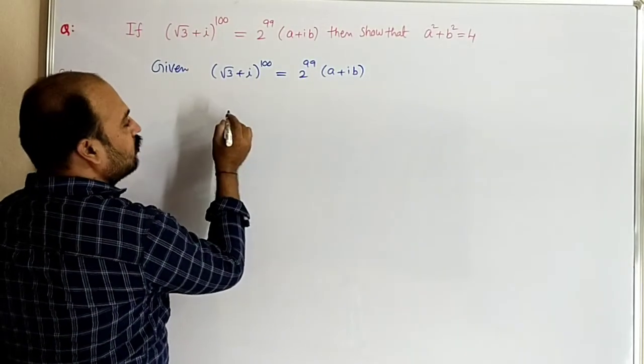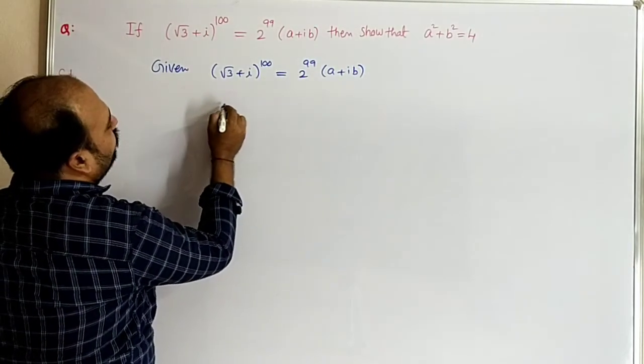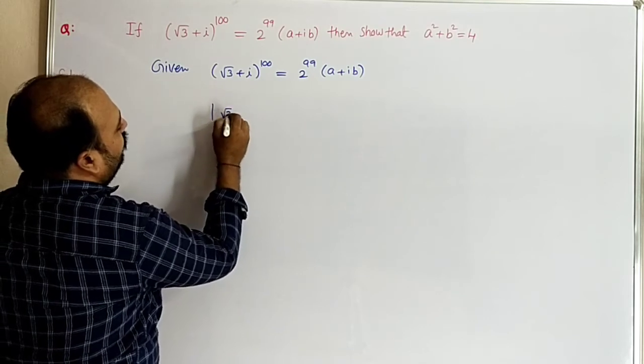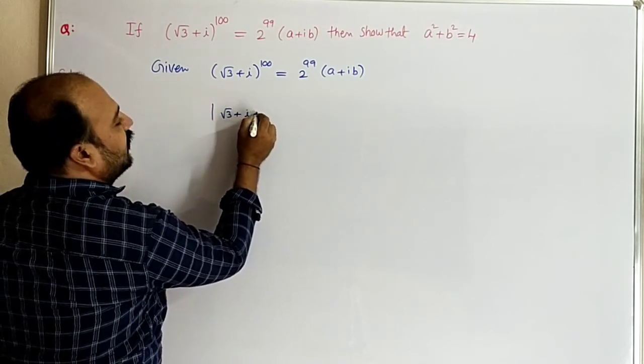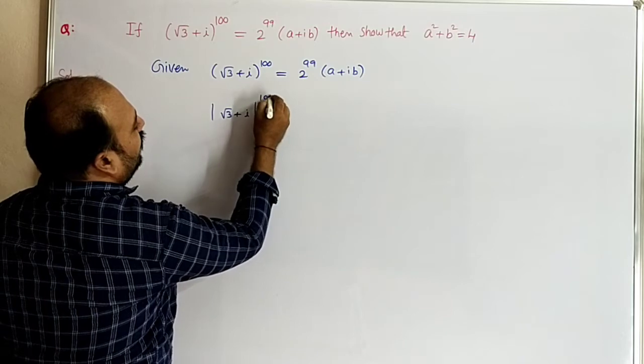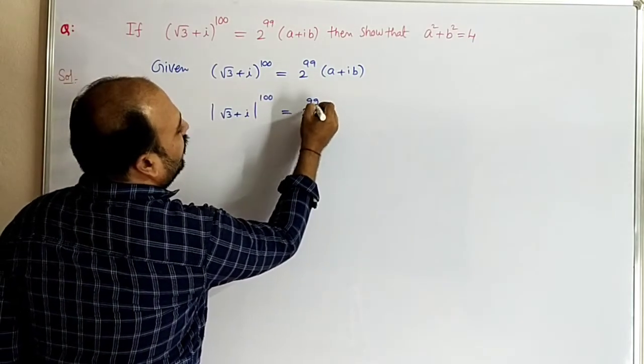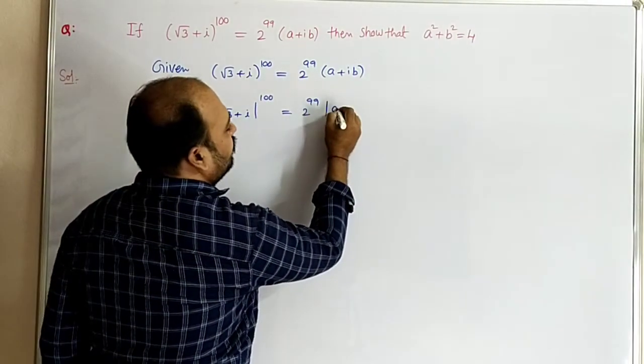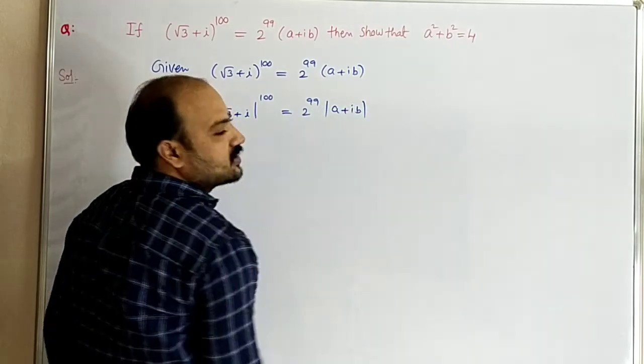Taking magnitudes on both sides. So the magnitude of root 3 plus i whole power 100 equals 2 power 99, a constant, into the magnitude of a plus ib.